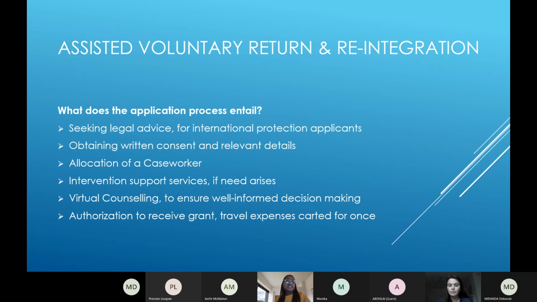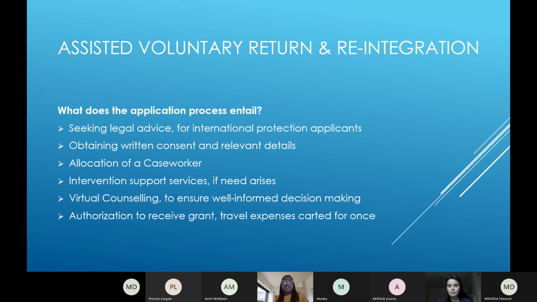Once the application is authorized, you receive a grant, and the grant will not be given in cash. It's given in different stages, and this grant goes towards upskilling if you're looking to start up a business, or you're looking to upskill yourself in a certain area, or you're looking to go back to education, or maybe acquire skills that will assist you to be self-employed or start up a particular business as well.